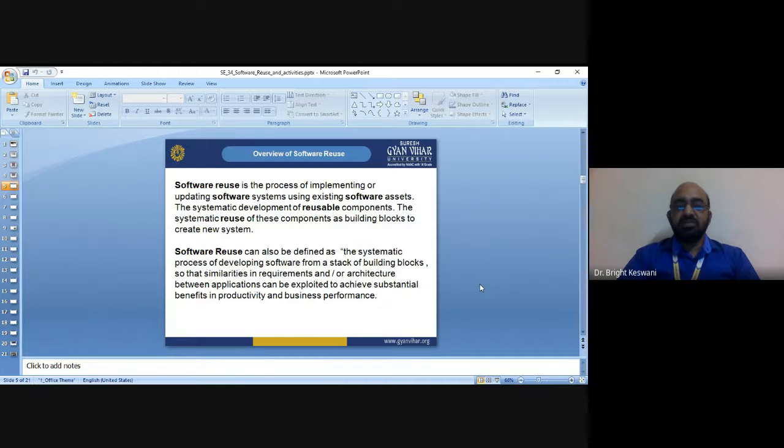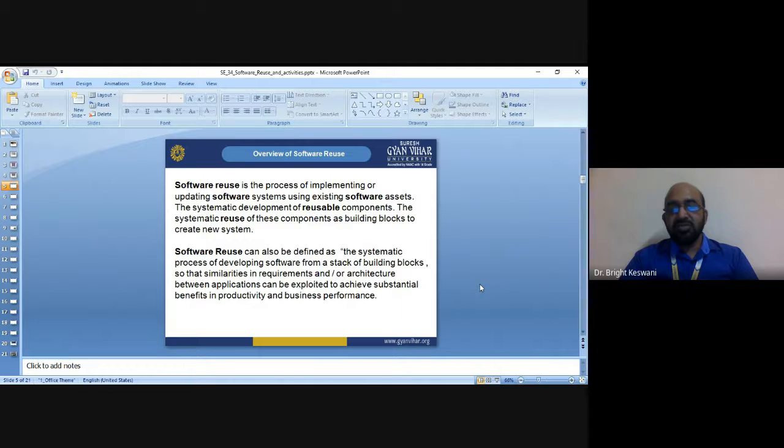You can say that software reuse is the process of implementing or updating software systems using existing software assets and the systematic development of reusable components. The systematic reuse of these components as building blocks creates a new system.